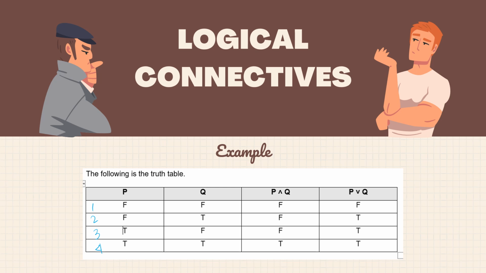And P or Q will be false because based on the definition earlier, for P and Q both propositions should be true, and for P or Q only one should be true. I mean, one or more should be true.